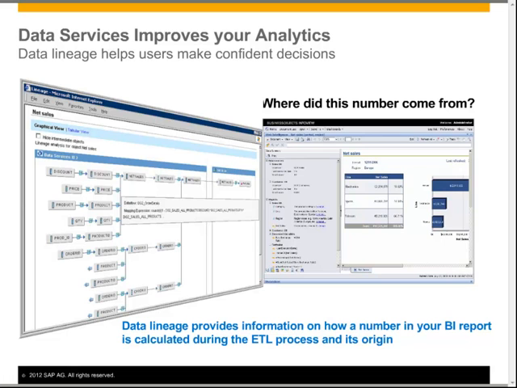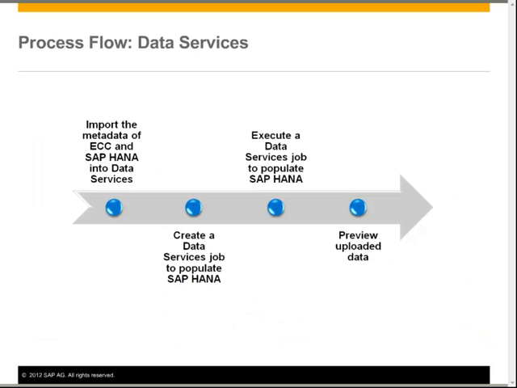Apart from that, in data services there's also Information Steward, which manages metadata and data governance. Let's now look more in particular at data services. If we go from zooming out to zooming in, how do we use data services with HANA?